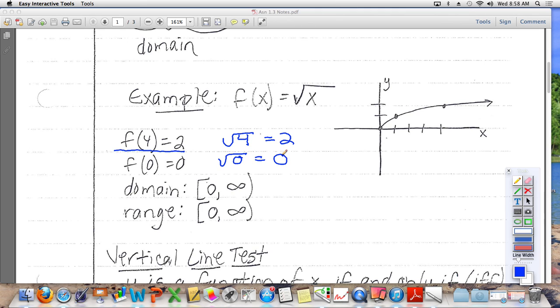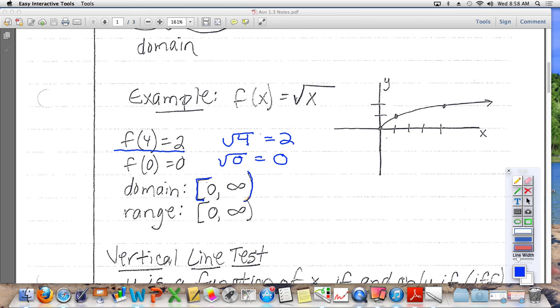The domain, well, what values of x can you take the square root of? This is the graph over here. You can take the square root of 0, you can take the square root of anything that is positive. Therefore, the domain is anything starting at 0 and then ending at infinity.